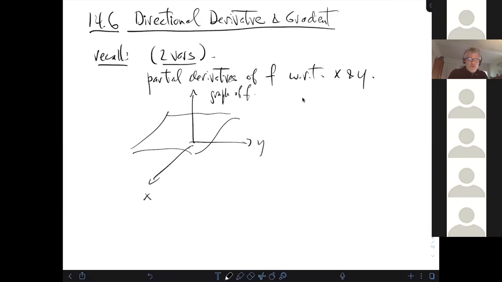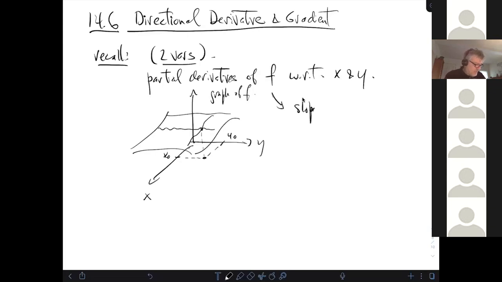What were these partial derivatives? I take some point, let's say x0, y0, and I look at the corresponding point on the graph. What we did is we sliced the graph parallel to the axes, and we looked at the slopes in those directions, right?